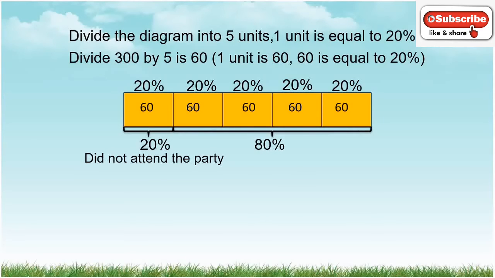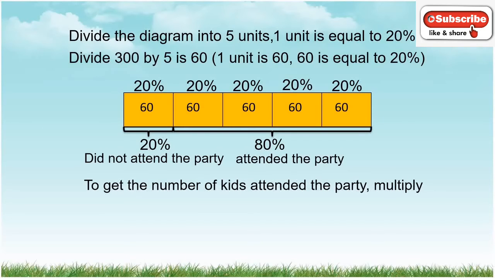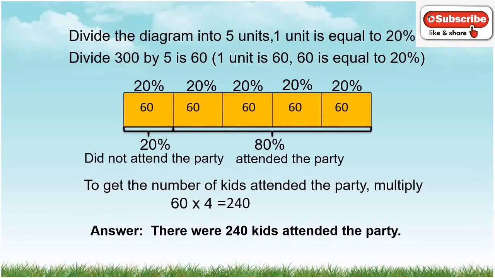The remaining 4 parts is 80% represent the number of kids attended the party. To get the number of kids attended the party, multiply 60 times 4 equals 240. Therefore, the answer is there were 240 kids attended the party.